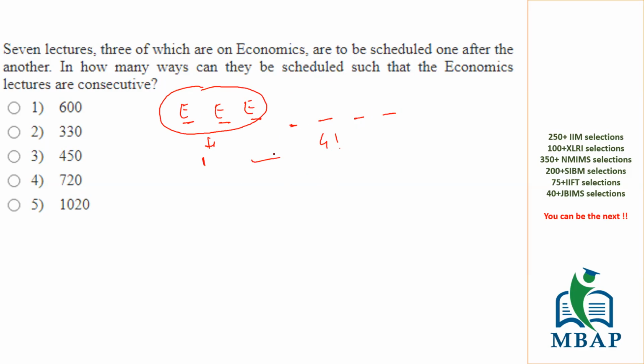In all together, how many do we have? So we have 5 units. So the arrangement will be 5 factorial. The economics lectures among themselves can be arranged in 3 factorial ways. So this will be 120 into 6, that is 720.